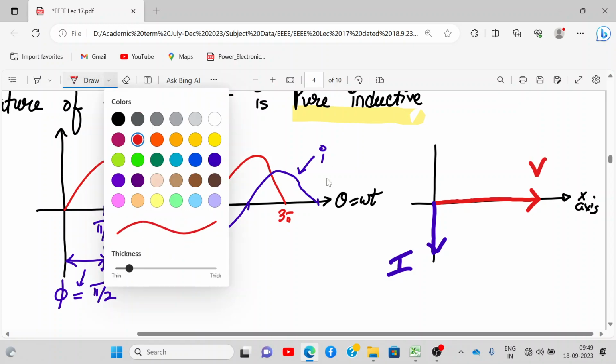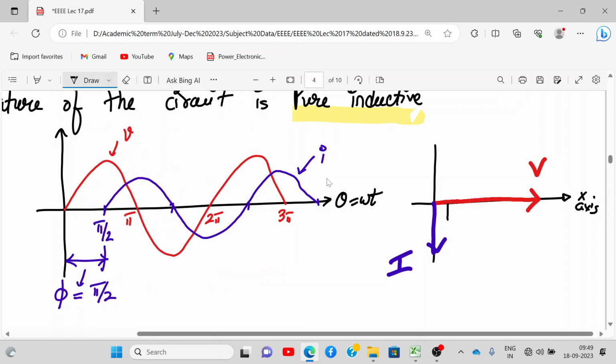And what is the phase difference between them? Here, phi is pi by 2 or 90 degrees. So this is my phasor. If you ever wonder what is x-axis, x-axis is my omega t, basically theta.